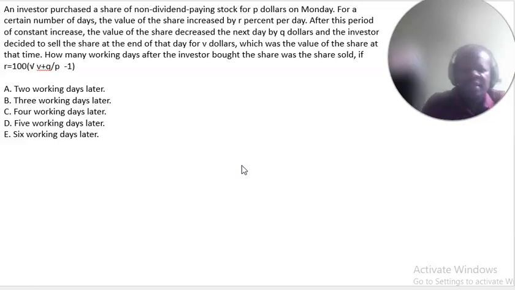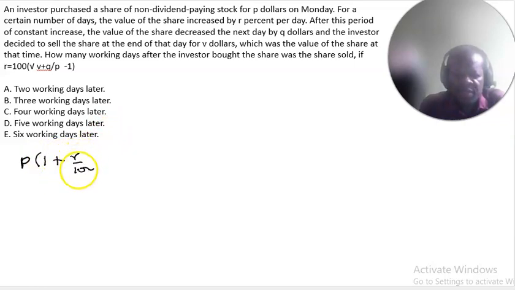So let's start solving. So this is the principal P dollars. If the share increased by R%, the equation will become 1 plus R over 100. So let n be the number of days in this case.